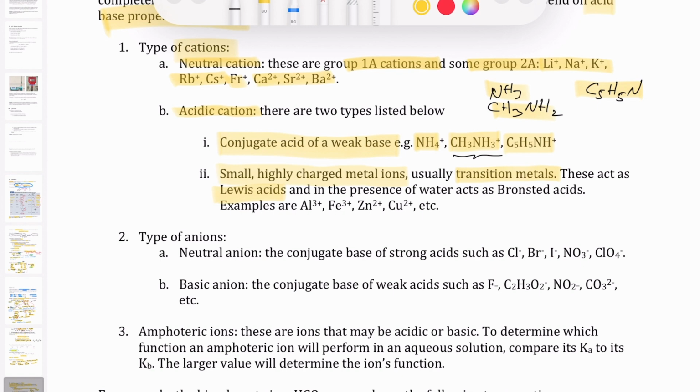Once they accept electrons, they form a coordinate covalent bond. Then in water, these complexes act as Bronsted acids. They can actually donate protons. Again, if you don't remember this, you might want to look back at one of the earlier videos where I was discussing Lewis acids. Examples of these cations would be aluminum, iron, zinc, and copper. Really, many of the transition metal cations will be able to do this.